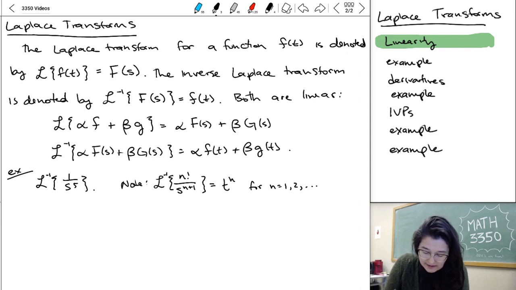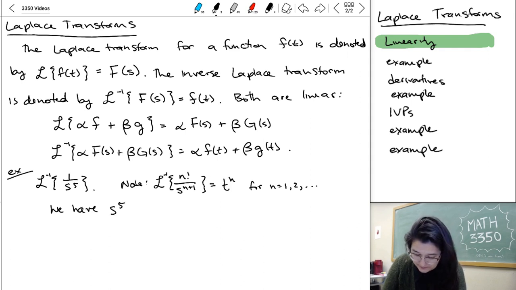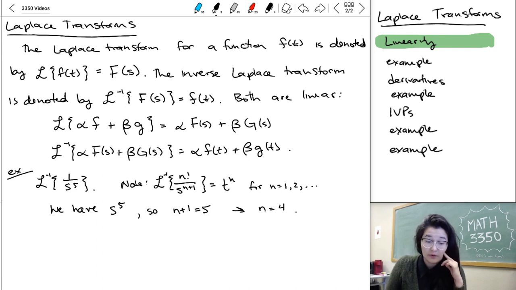So in this case, we have s to the 5th on the bottom. So that means our n plus 1 is 5, or n is equal to 4.